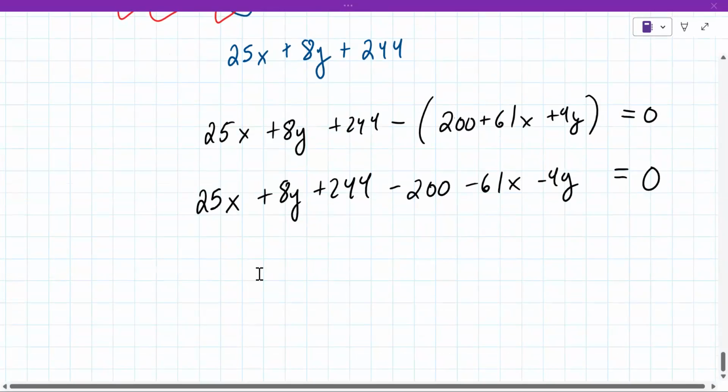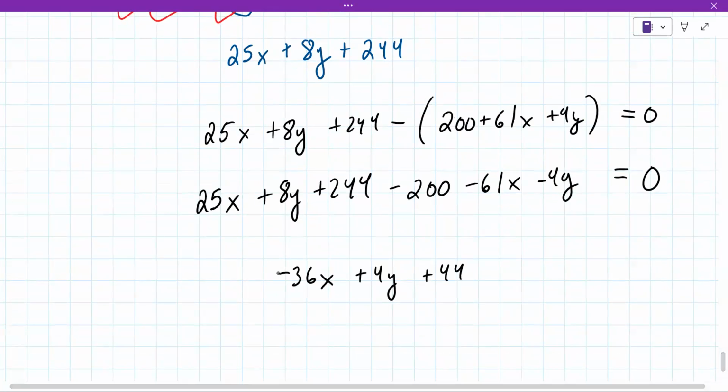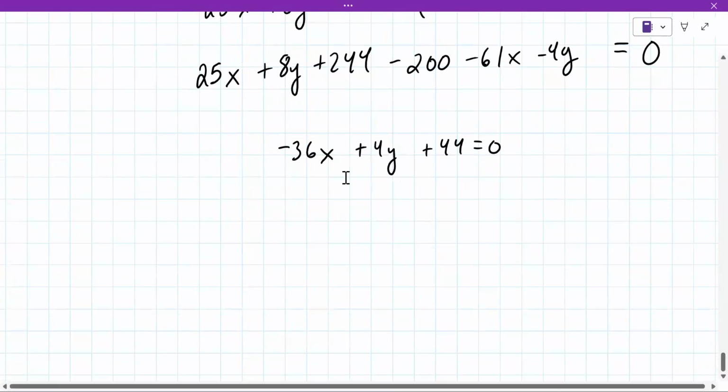So right now I have negative 36x plus 4y plus 44. Very good. Okay, now we're almost there. It wants you to write it in, let's see what the instructor says here, I think it's slope intercept form. Yes, okay, so that means we have to solve for y.